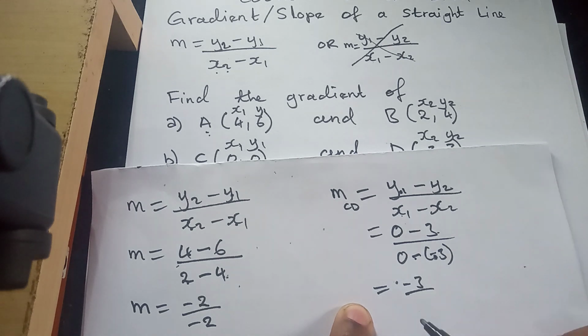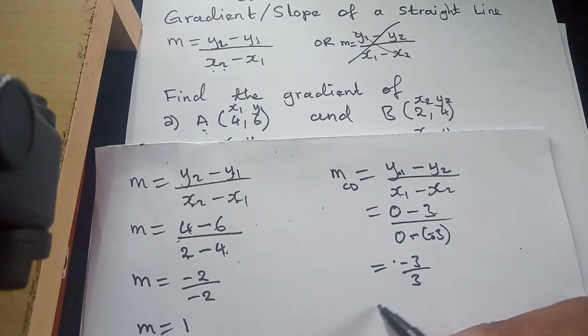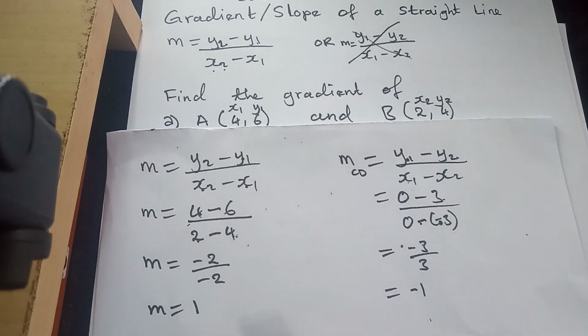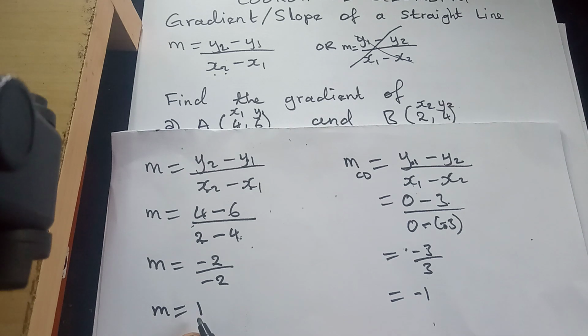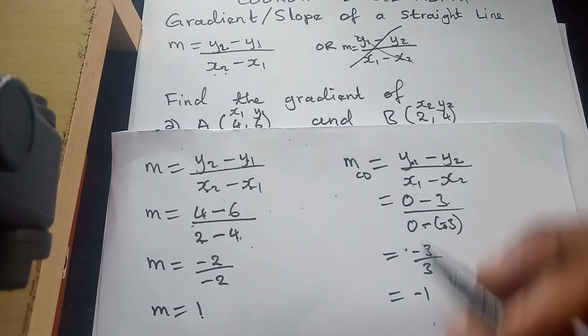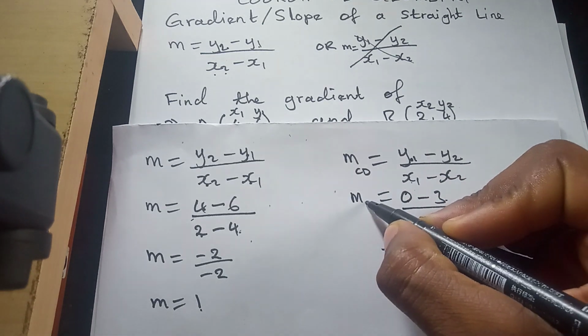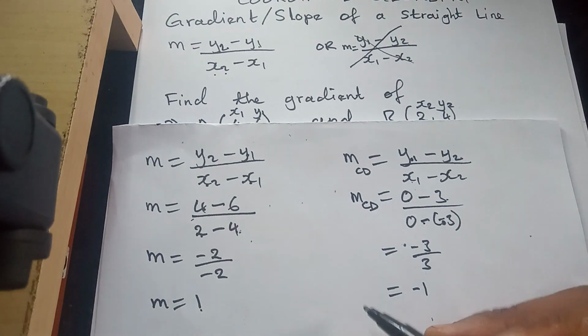So 0 plus 3, we still have a 3. Then 3 over negative 3, we have a negative 1. We shall talk about this relationship where you have something that is giving you a 1 when you multiply this by that. So this is the gradient of CD.